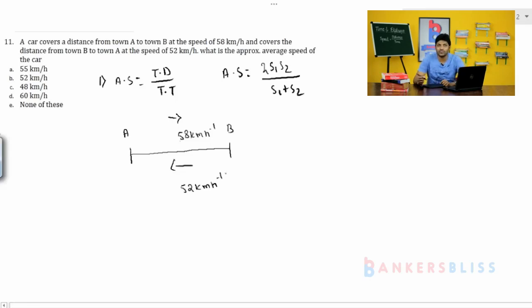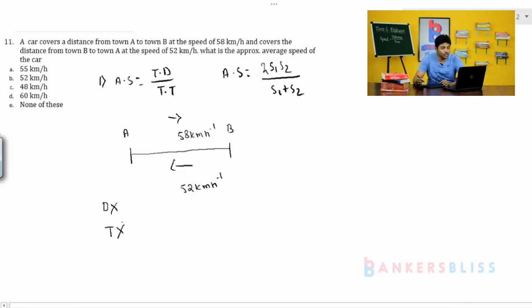Do you have any scope to calculate the distance and time? No, because if they had given time, then we could have calculated the distance, then average speed is total distance by total time taken. Otherwise, if they had given the distance, we could have calculated the time, and based on those two data, we could have calculated the average speed. But we don't have any scope to calculate the distance and time.